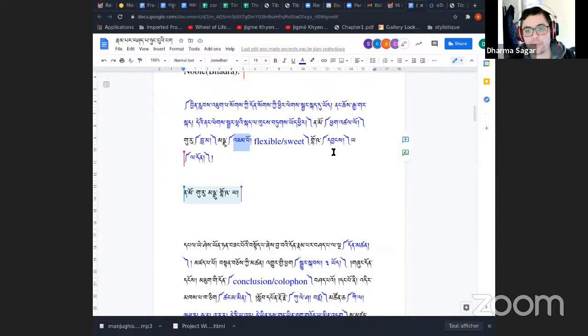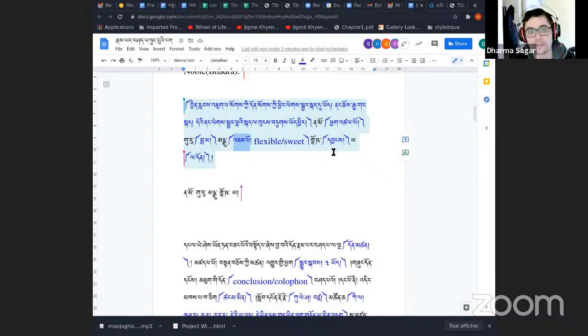And then Khenpo was saying, I'm not really sure if the English words that I'm choosing are relevant in this context, but that's what comes to my mind: flexible and sweet, Jambo. And then Gosha is Yang in Tibetan, which is the melody. And Ya is the La in Tibetan, which is to. I pay homage to Manjushri.